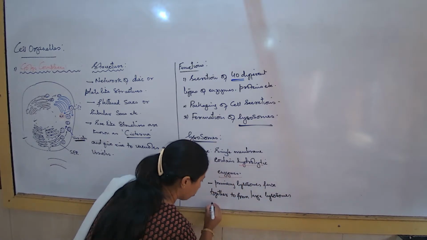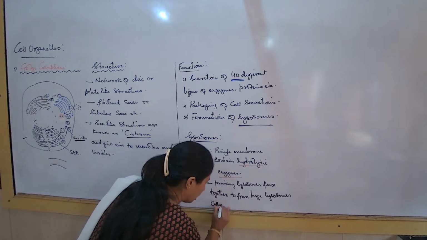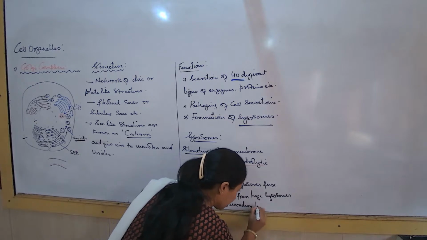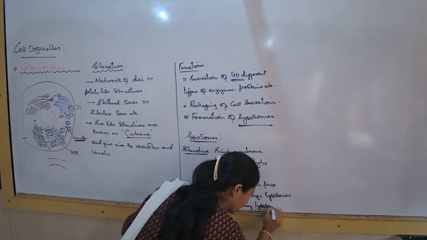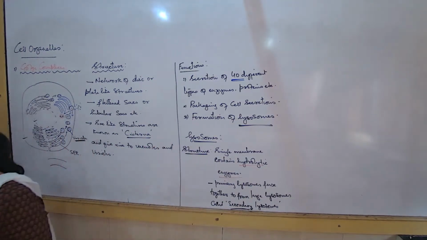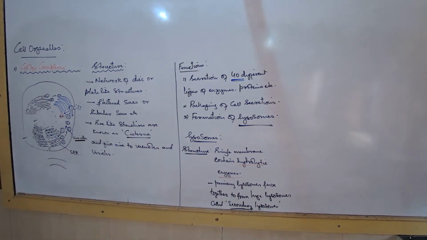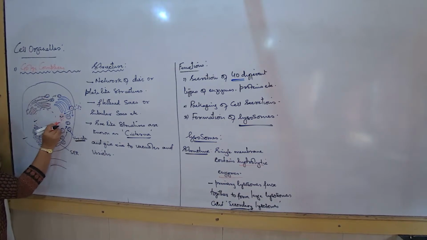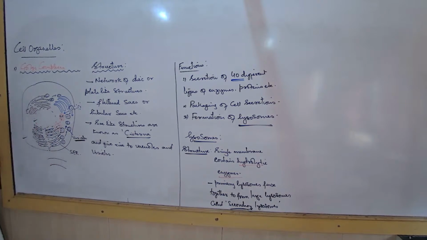These are called secondary lysosomes. So here I am talking about two types of lysosomes. Primary, which are the small ones, just formed. And then two primary will club together, resulting in the formation of a big lysosome. So this is a secondary lysosome that we understand.